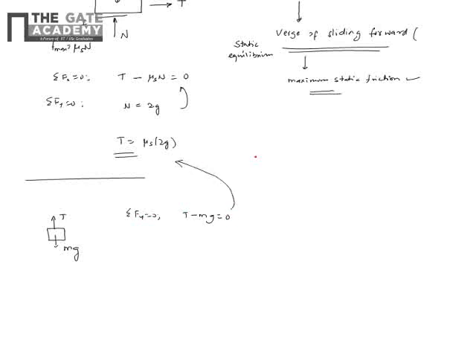So if I combine these two, mg has to be μs into 2g, g gets cancelled, m is 2 into μs, and the value of μs is 0.2, so you have 0.4 kg as the maximum mass that can keep the system in equilibrium without moving. But if you add anything to it, it will start moving. So 0.4 kg is the maximum value, should not move. So the answer for this is B. Thank you.